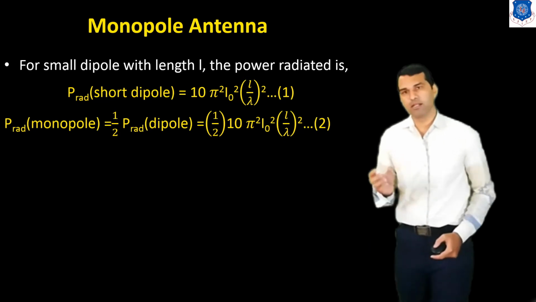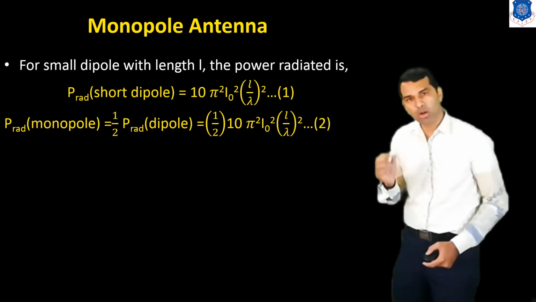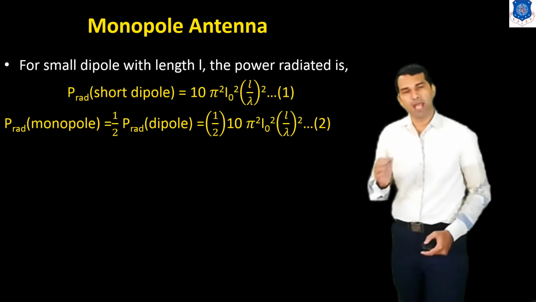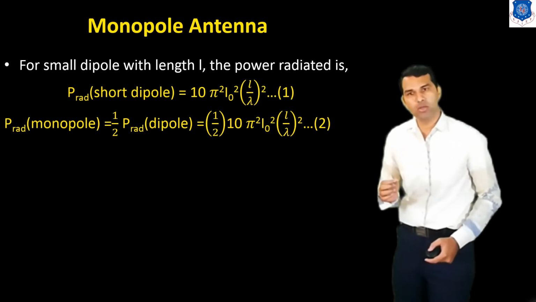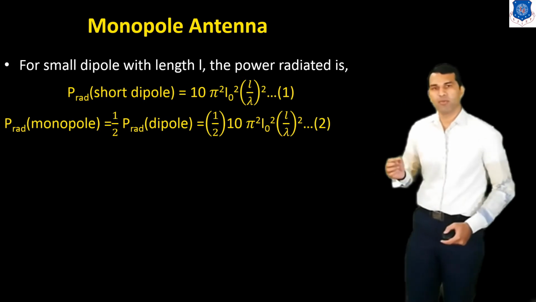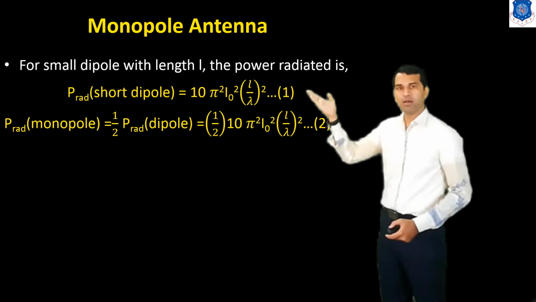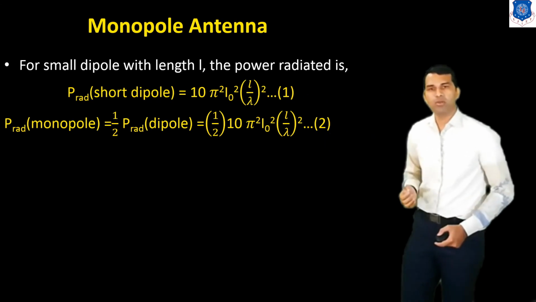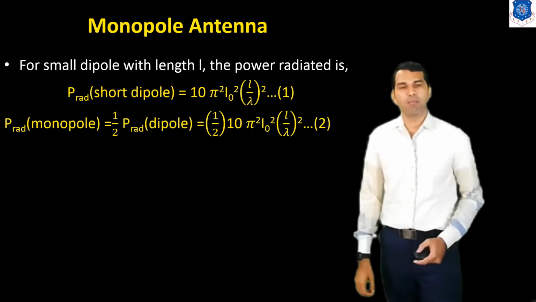So we write the power radiated by the monopole is equal to the power radiated by the dipole divided by 2, or 1 by 2 into the power radiated by the dipole. So simply we can write this as equation number 1: 1 by 2 into 10 pi square I0 square L by lambda square.